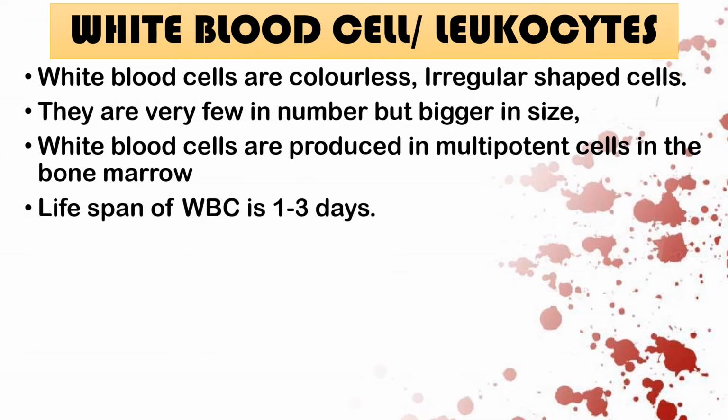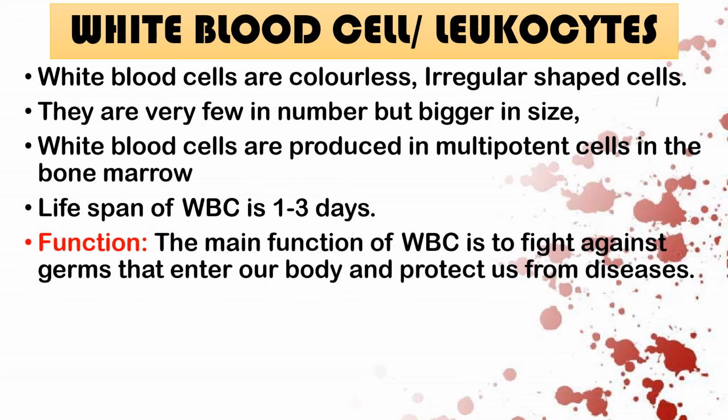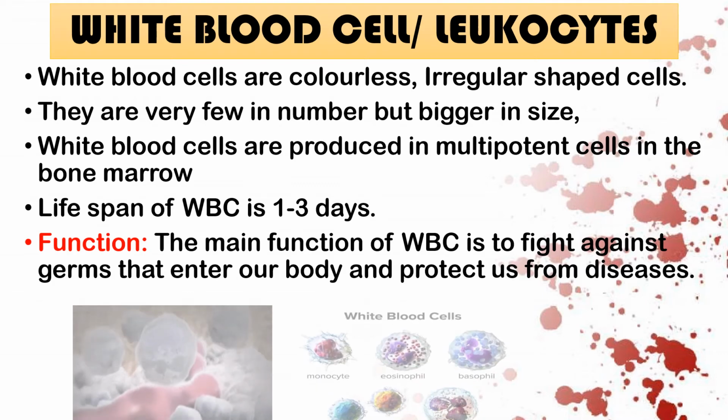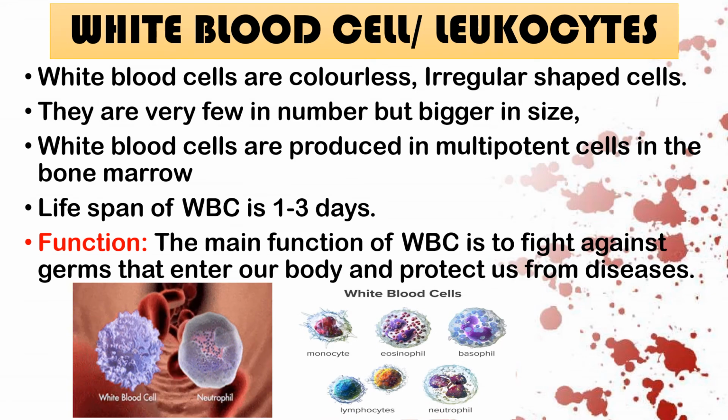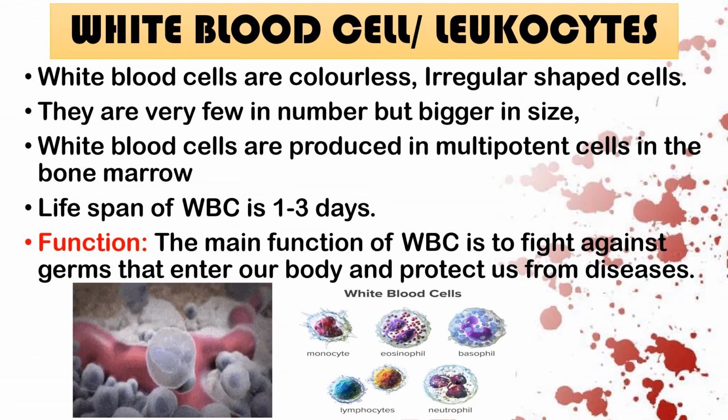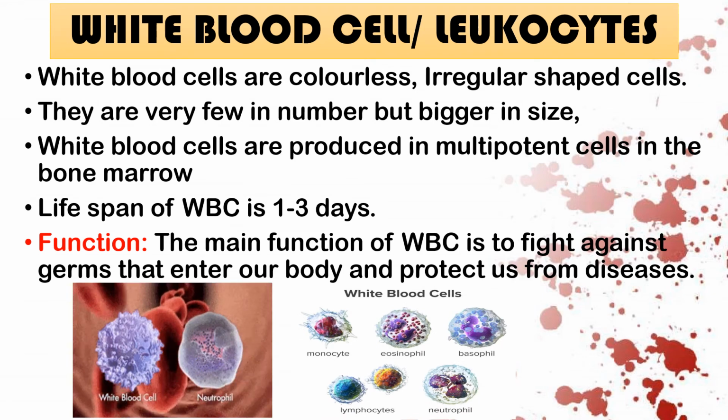The lifespan of a white blood cell is about 1 to 3 days, and the function of WBC is to fight against germs that enter our body, and it also protects us from diseases. Here you can see different types of white blood cells present in our body.